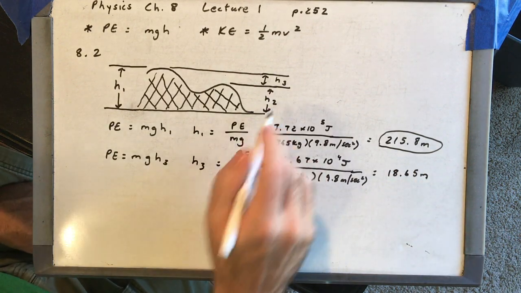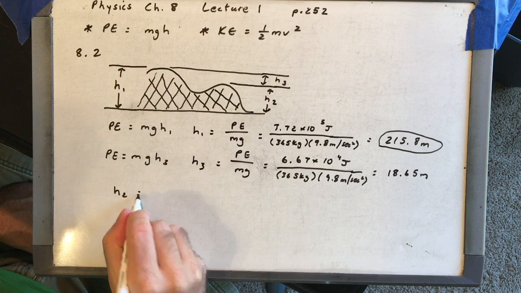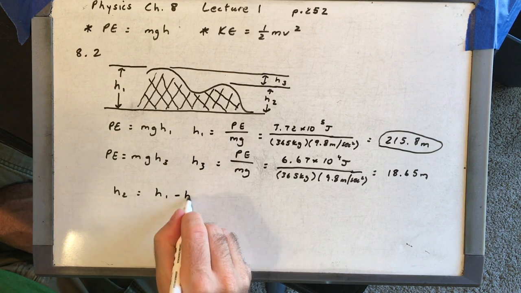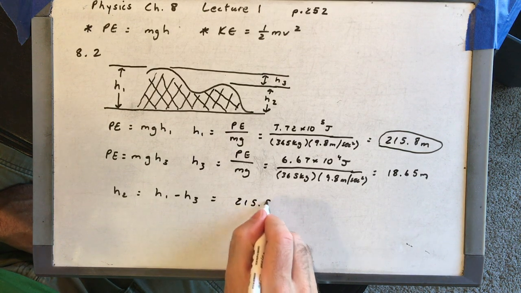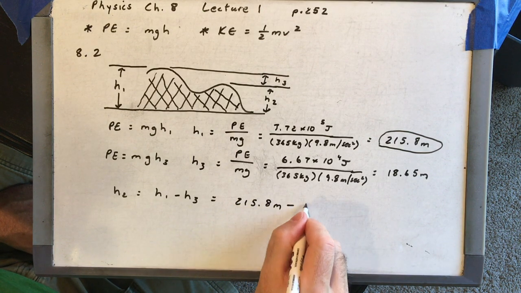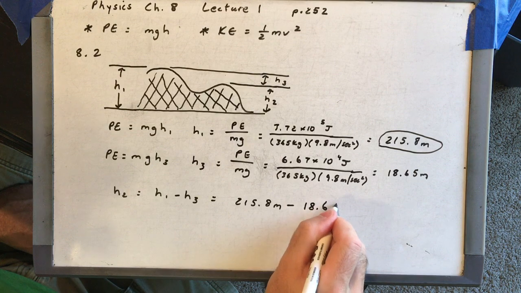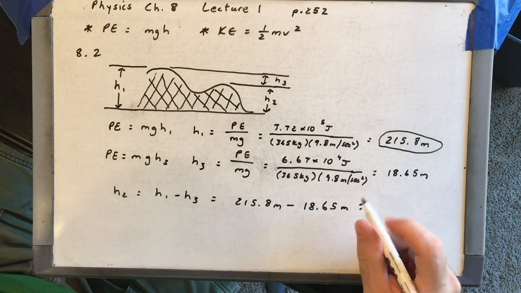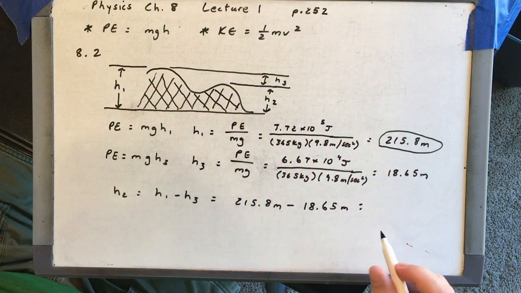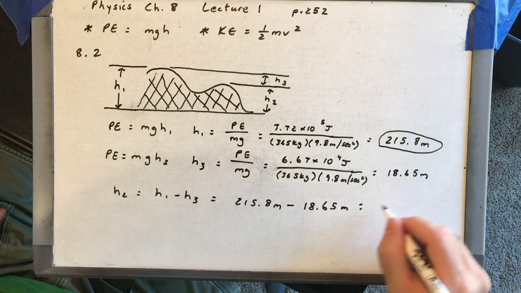So if you want to get H2, it's going to be H1 minus H3. So that's 215.8 meters minus 18.65 meters. So the height of the second hill, relative to the ground, is 197.2 meters.